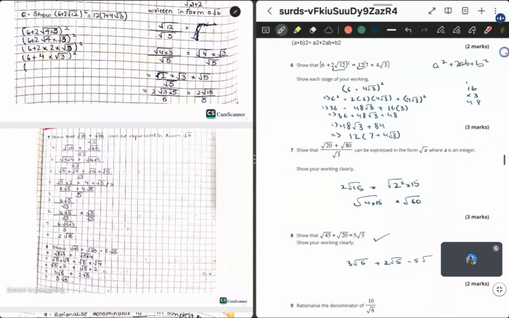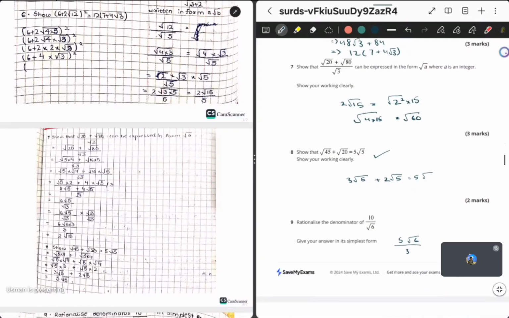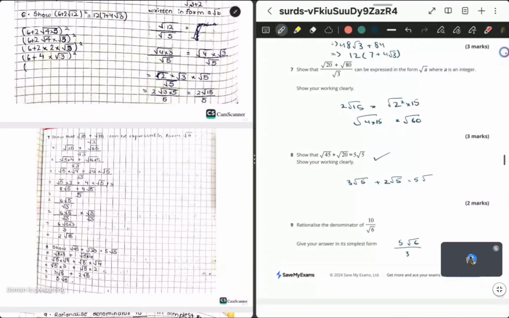Then you have this one. Yes. So this becomes 5 root 5. Perfect.